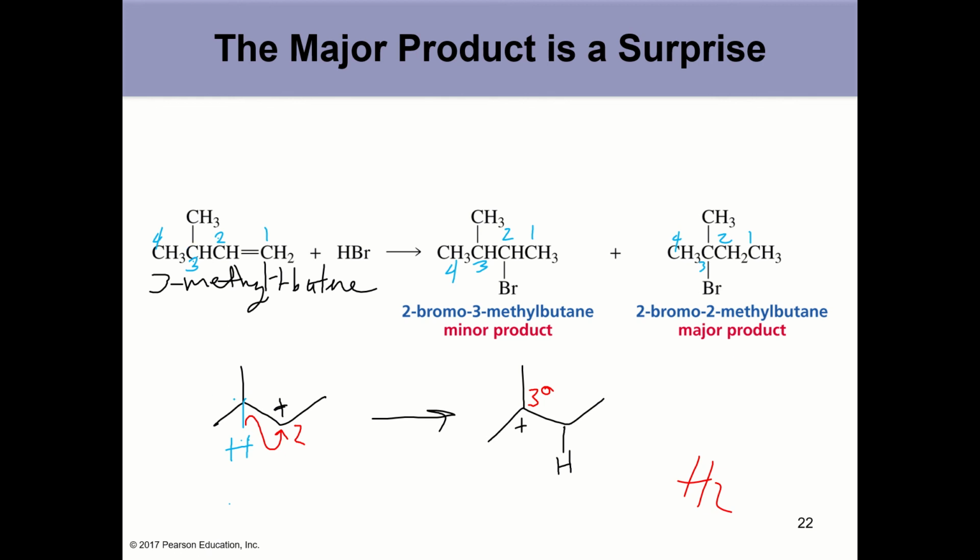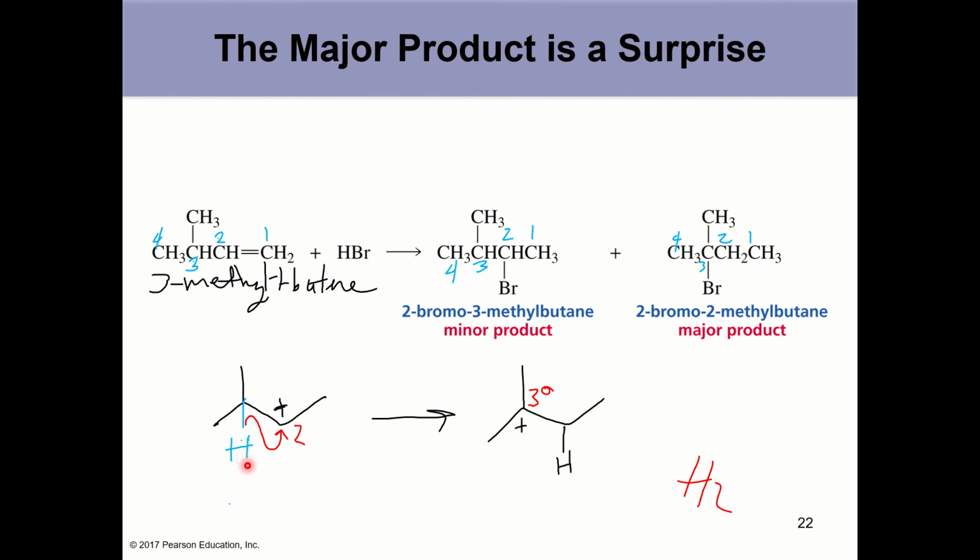This occurs because we have something called a hydride ion shift. We have formed a secondary carbocation when hydrogen adds to C1. So when the hydrogen of this HBr adds to C1, we form this secondary carbocation.